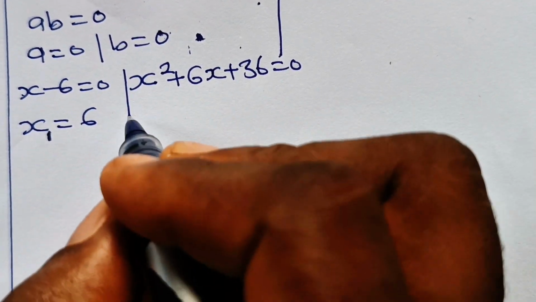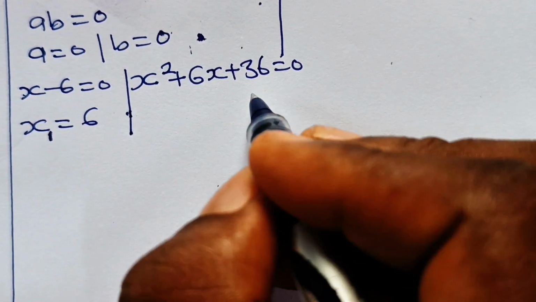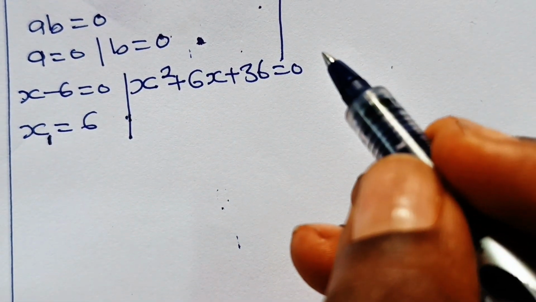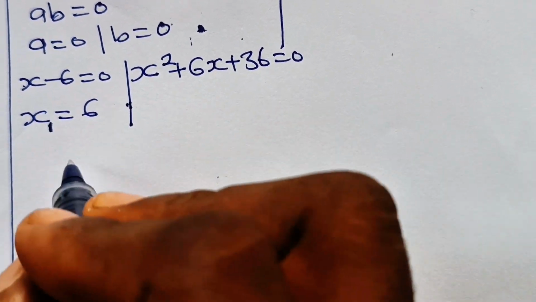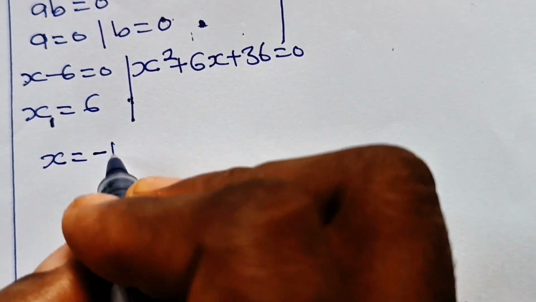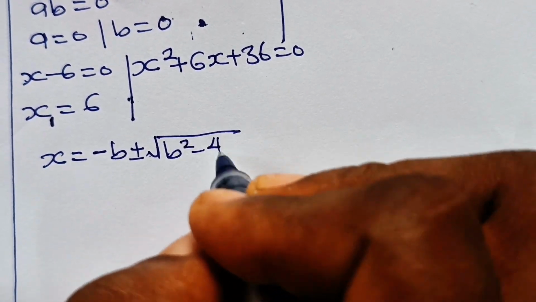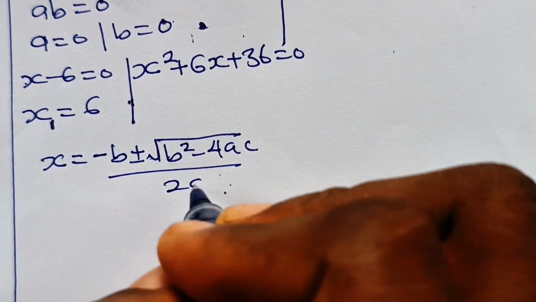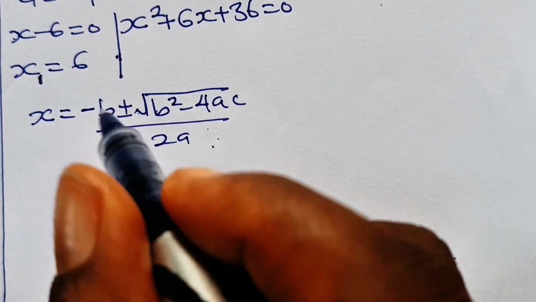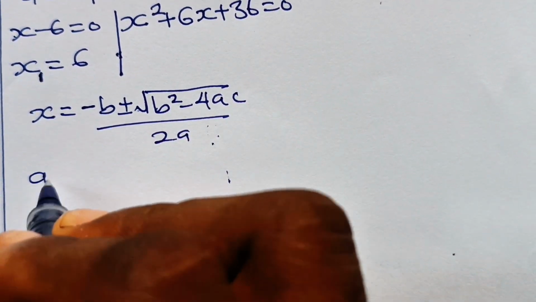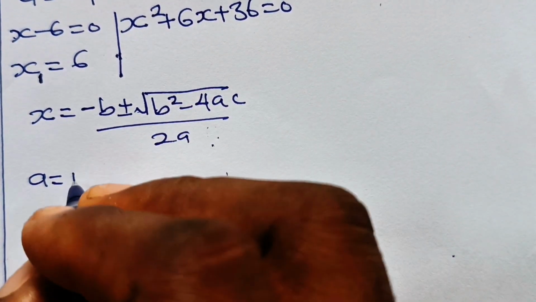Then from here, we can solve this using the quadratic equation formula, the formula that states that x is equal to minus b plus or minus square root of b squared minus 4ac, everything divided by 2a. So in this case, our a is the coefficient of x squared, which is 1.